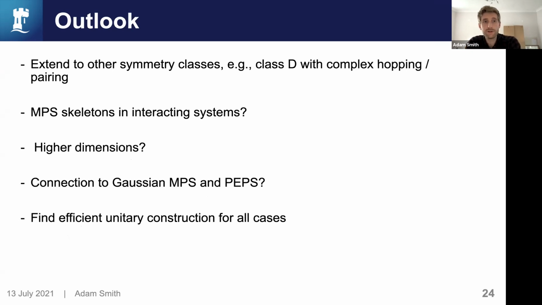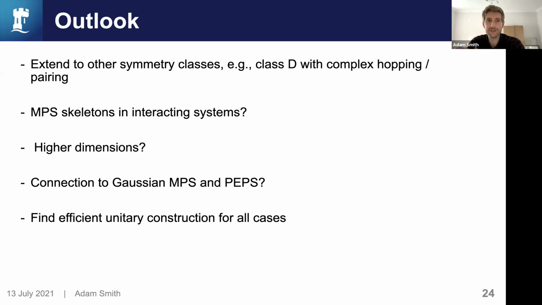So as an outlook, what we would want to do is extend this to other symmetry classes. That might be the simplest extension of this. So we can do BD1 or this A3, but there are also other classes, say for instance, this class D, which has complex hopping, where the story is far less obvious how this construction would work.